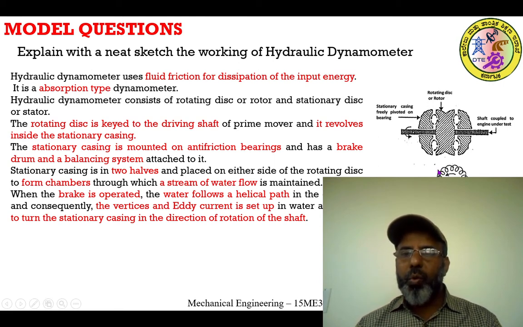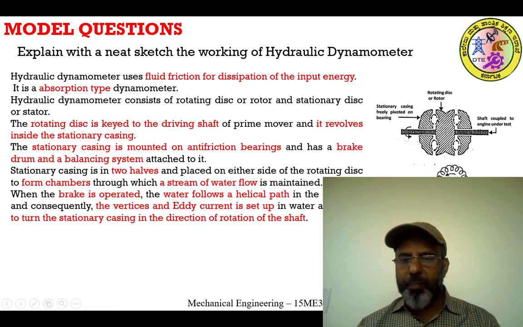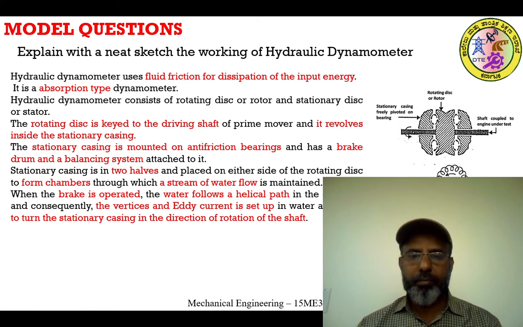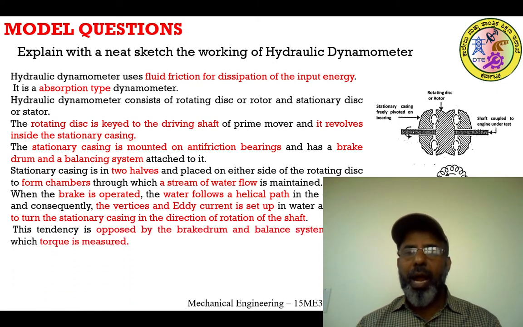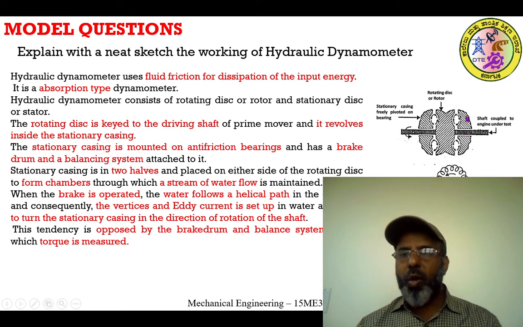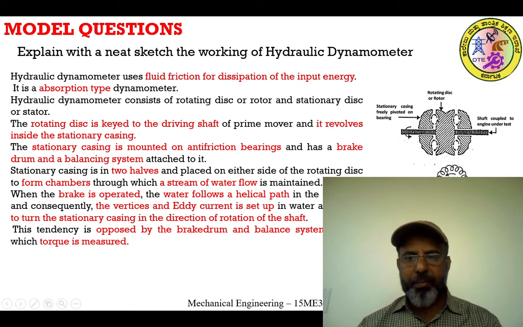Due to this helical path, a turbulent effect occurs, because vortices and eddy currents are set up in the water, and it tends to rotate the stator in the direction of the rotor. This tendency is opposed by the brake drum and balance system, due to which the torque can be measured.